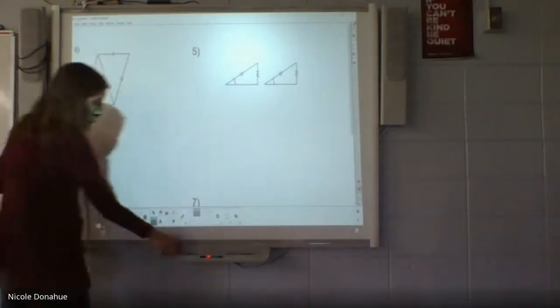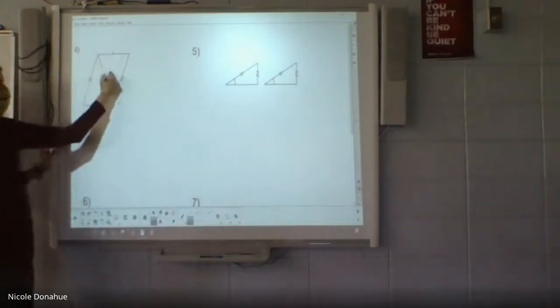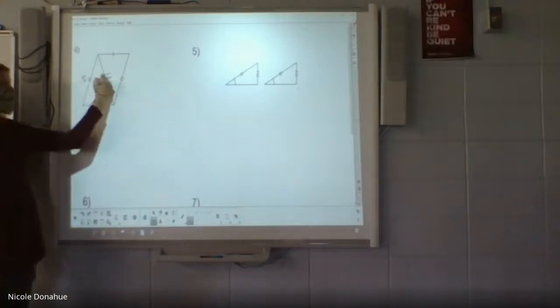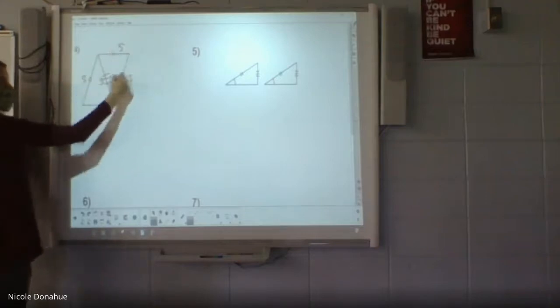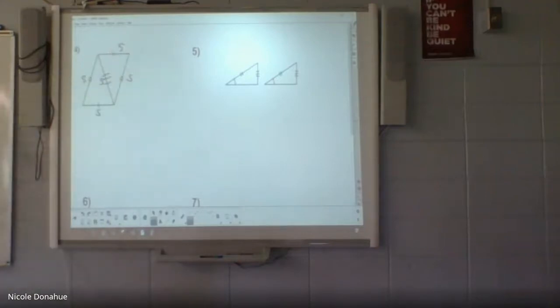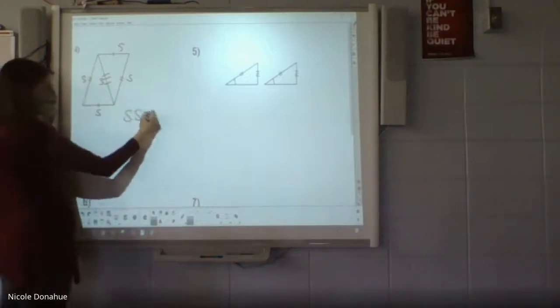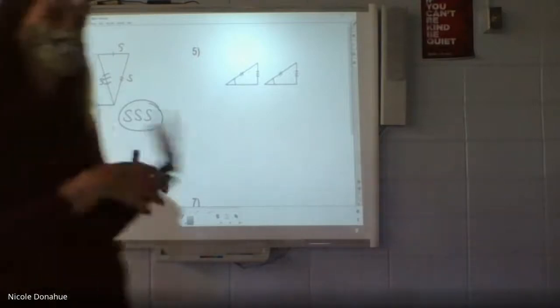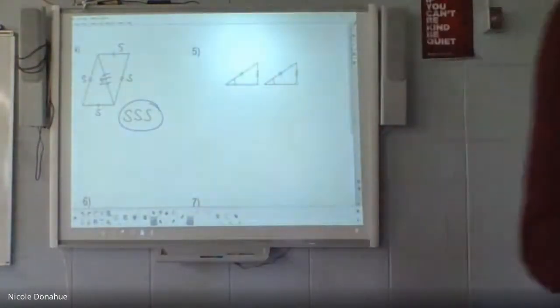Shared side again. You feel like a broken record. So all I have here is 3 sides equal to 3 sides of another triangle. Same 3 sides, all marked the same. So this is side, side, side. I think this one should be so obvious that you're nervous that you got something wrong with it.